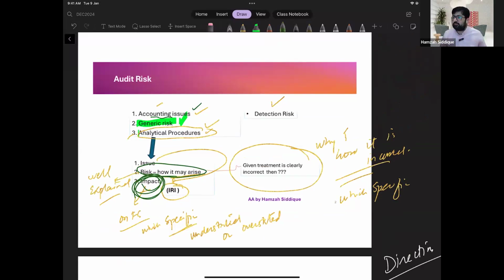Any questions so far? So now we will proceed towards the past exam paper, the Night Electronics in the ACCA platform. Yes, I'll be sharing my screen.